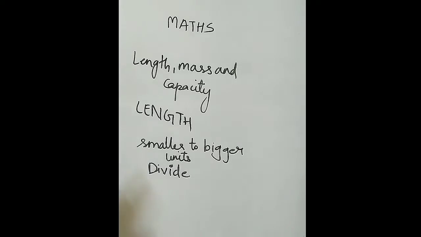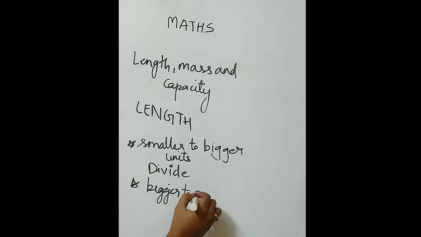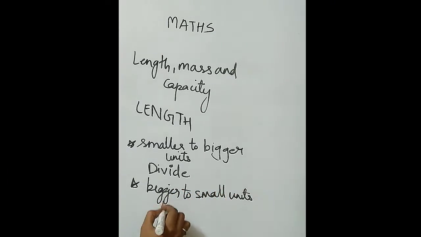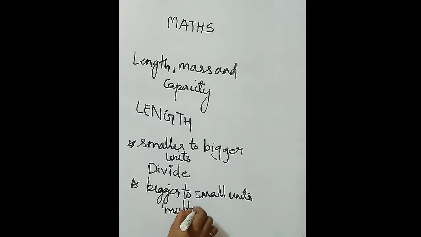If you want to convert from a smaller to a bigger unit, you have to divide. This is the first point. Now when we want to change from bigger to smaller units, that time you have to multiply. Always remember that. This is a universal law, a basic rule for every unit. It is not only in maths, in physics also. Okay students, done? Now we'll see the next part.